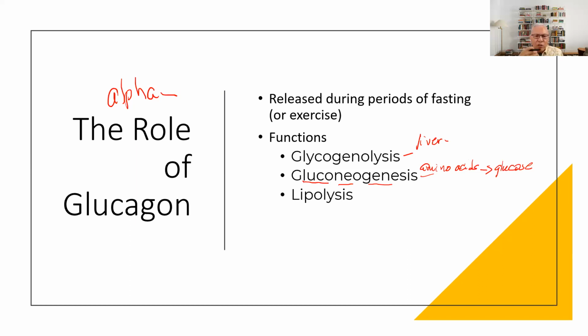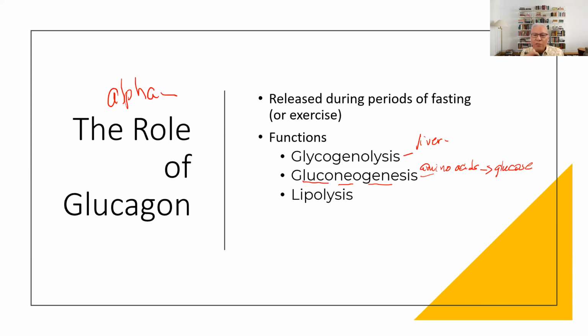And the last function of glucagon is that it stimulates lipolysis. What that means is it breaks down the stored triglycerides. You remember those stored triglycerides that we had? Well, it facilitates the breakdown of those triglycerides into free fatty acids and also glycerol.